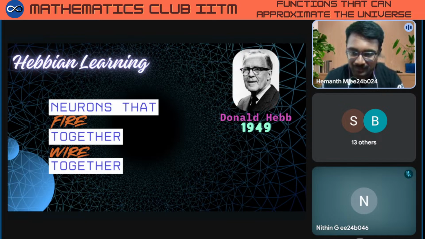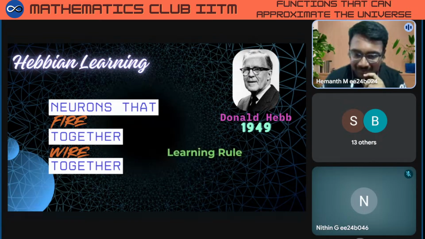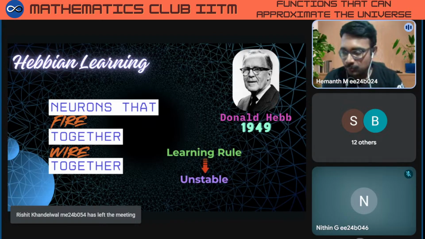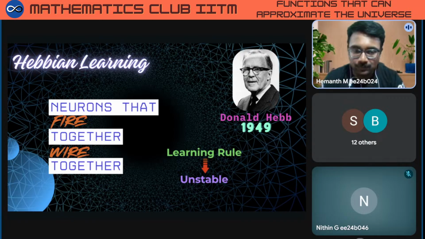If two neurons are continuously firing together when you see some input, then the strength of the connection between them becomes stronger and stronger. He proposed this learning rule, Hebbian learning, but unfortunately later on it was proved to be unstable. Meaning, it was proved that if you follow this learning rule, you may not always converge. The learning rule might not converge for every starting value of these connection weights.